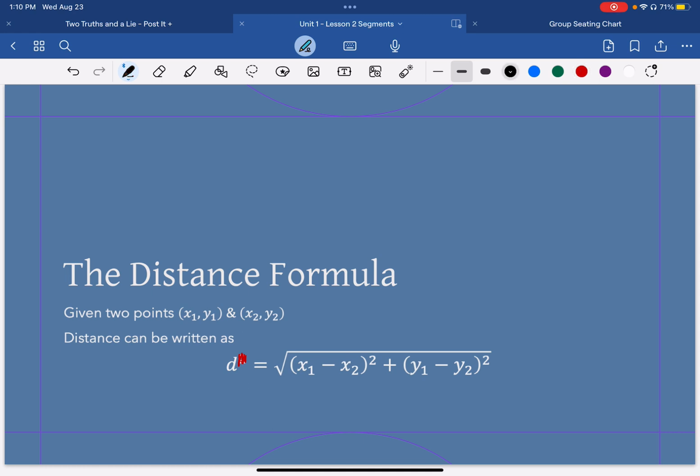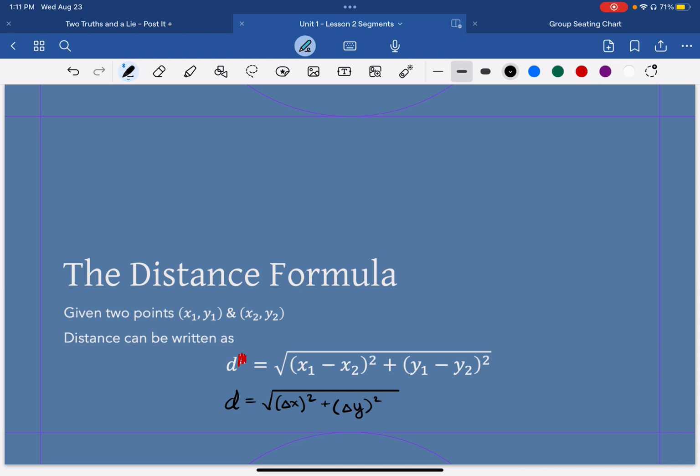There are a few ways of writing this that can make a little more sense. You can say something like d equals the square root of the change in x squared plus the change in y squared.